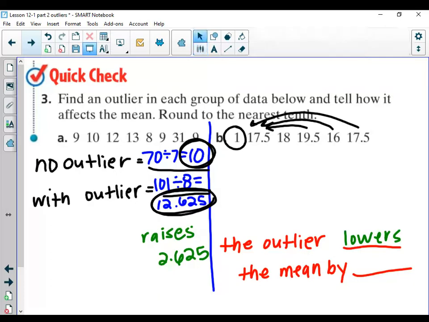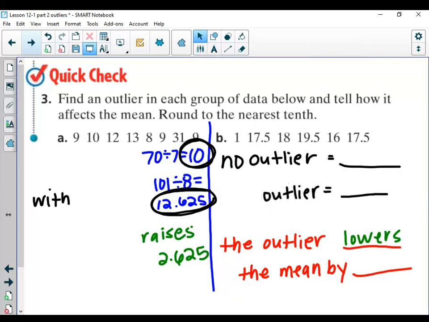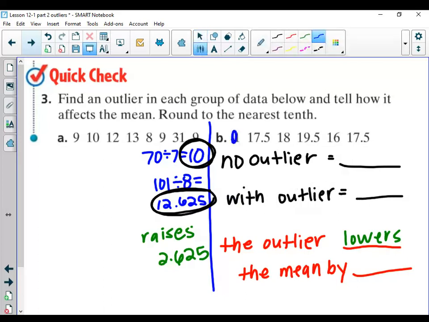Before I can figure out that other number, I need a no-outlier mean, and I need a with-an-outlier mean. So ignore Maddie for a second. Add and divide.